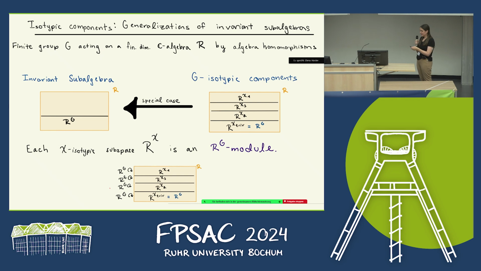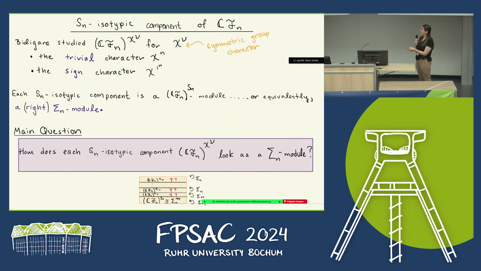Okay, so let's go back to our situation. Our group was the symmetric group, and our algebra was the face algebra. So what do the isotypic components look like there? Well, I've told you about one of them. Bidiger studied the invariant subalgebra, and that's the isotypic component for the trivial character. What I didn't tell you, but you can go read about it, is he also did a similar thing for the sign isotypic component.